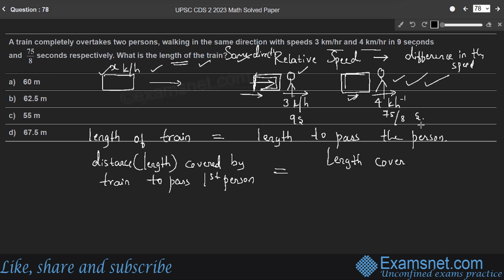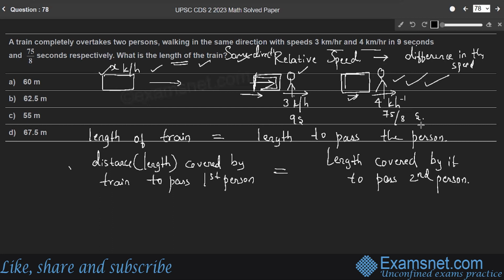Length covered by the train means its own length. Both lengths are the same, so the length of the train is constant.